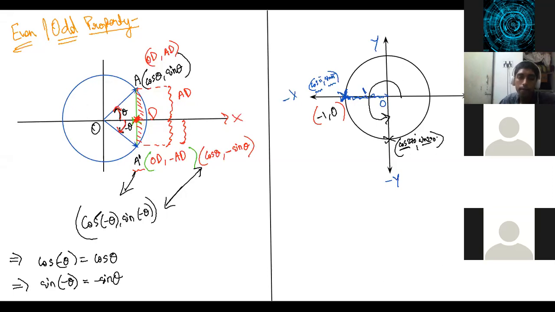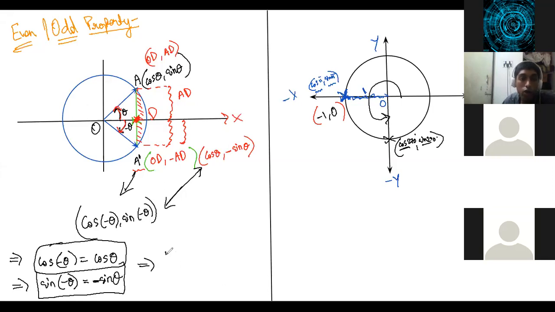But every point will have only one unique point. You cannot have two different points. So if this is the answer and this is the answer, then both of them should be equal. It's the same point. So from here we can come to this conclusion: cos minus theta is equal to cos theta and sin minus theta is equal to minus sin theta.